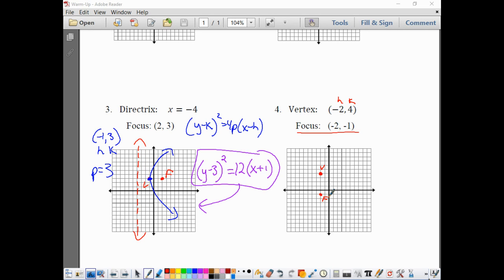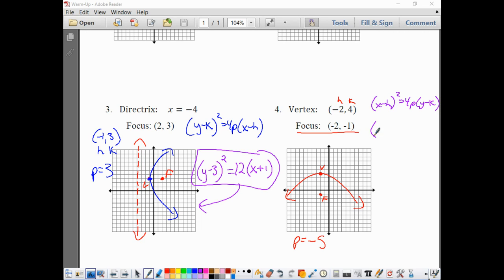So we do know it needs to go through the vertex around the focus. So it's going to look something like this. And without even graphing the directrix, I know the p-value is going to be 1, 2, 3, 4, 5 units down. So it'd be a -5 for my p-value. Okay, so I have my h, I have my k, I have my p. This is going down, so we're going to use x minus h squared equals 4p times y minus k, because x is being squared because it's going down.